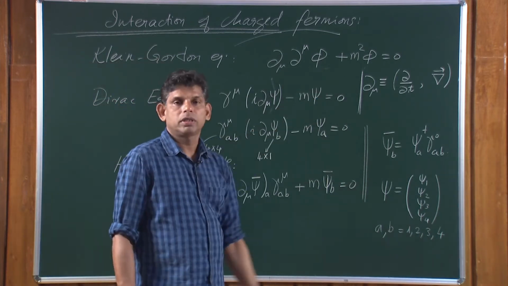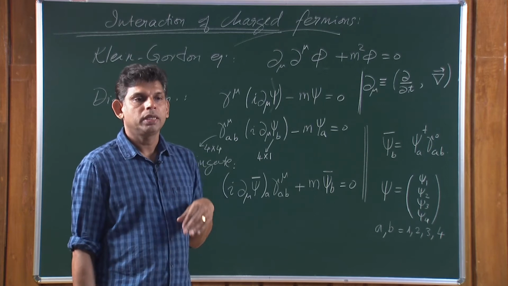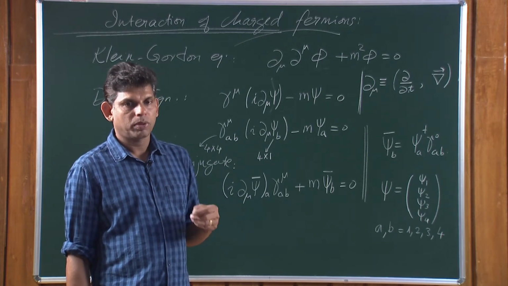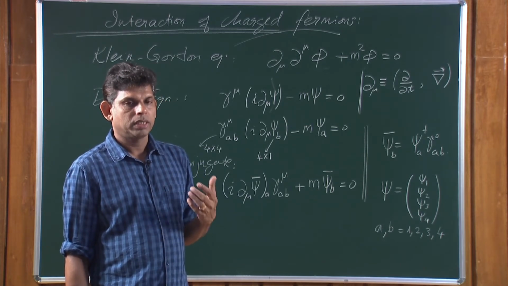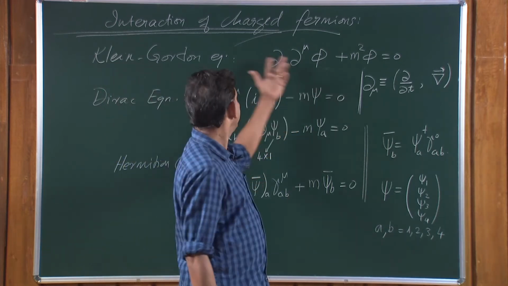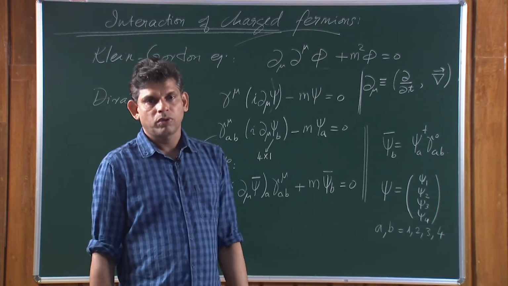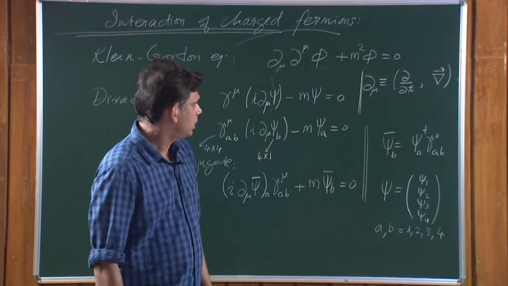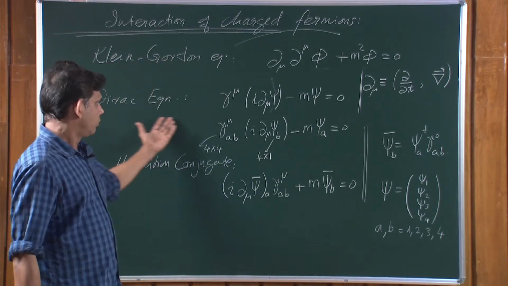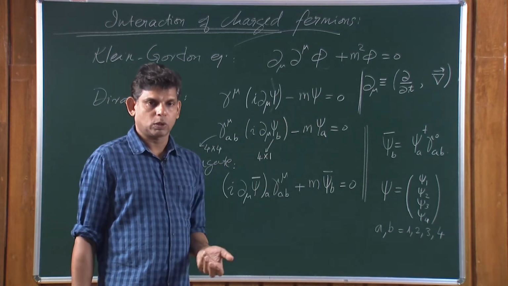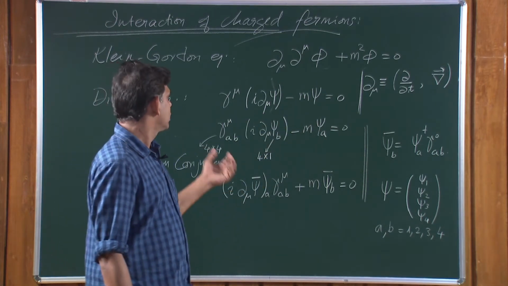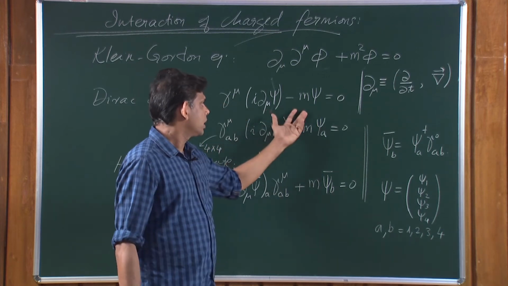A complex field phi which obeys the Klein-Gordon equation is a good representation of the scalar particle, whereas a fermionic field like the electron is represented by the Dirac equation.